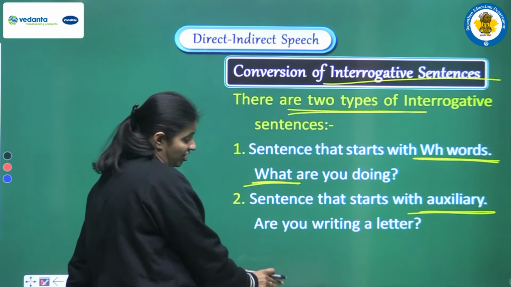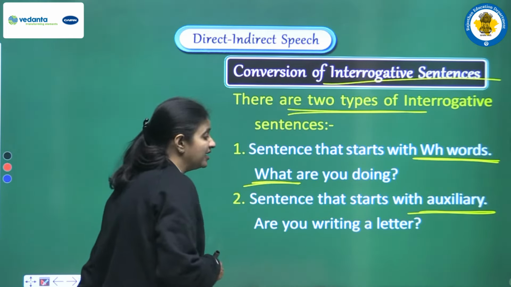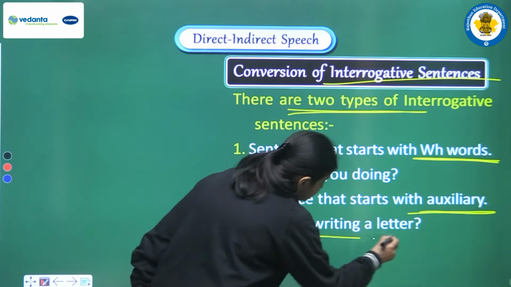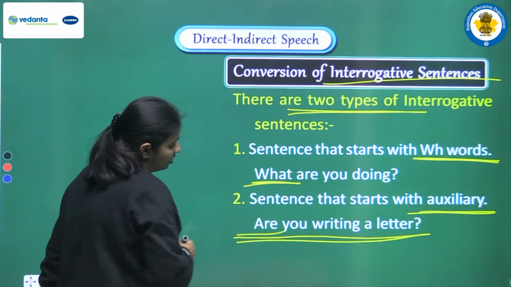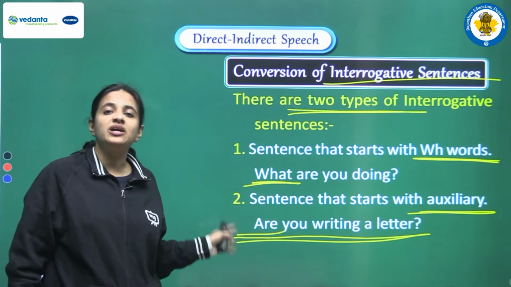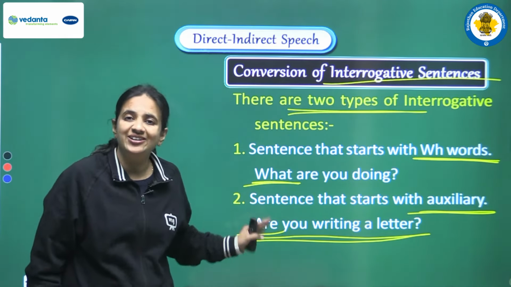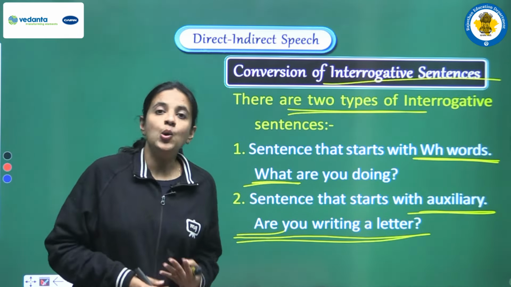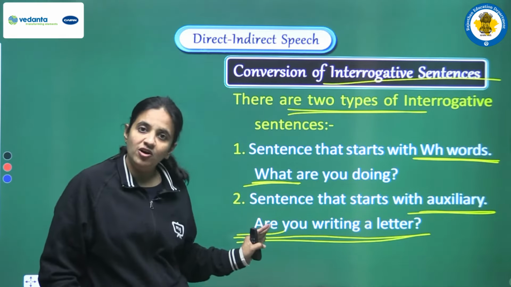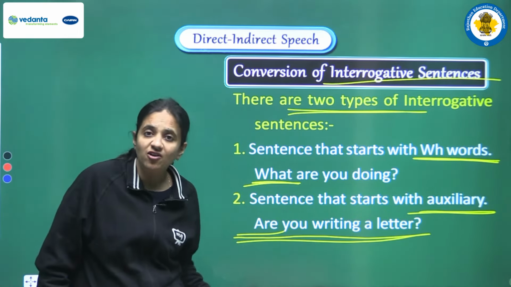This is also an interrogative sentence. We have a question mark at the end, but we cannot see any WH word in the beginning of the sentence. But we have "are", and "are" is one of the auxiliaries. It is in the category of auxiliary verb.